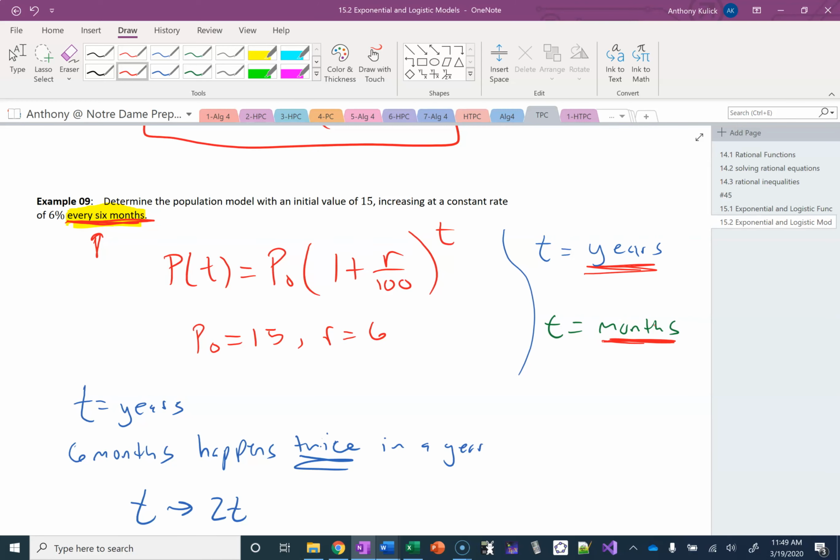Okay, so that's the easy way to remember it. So if the unit for t is bigger than the time unit for the rate of change, then you're going to get a coefficient. If not, you're going to get a divisor.